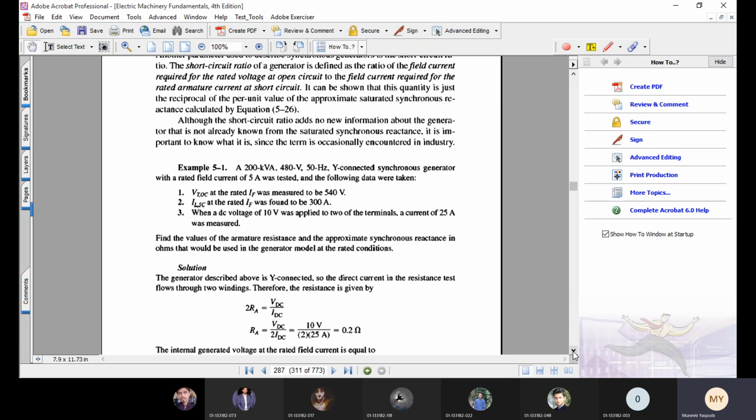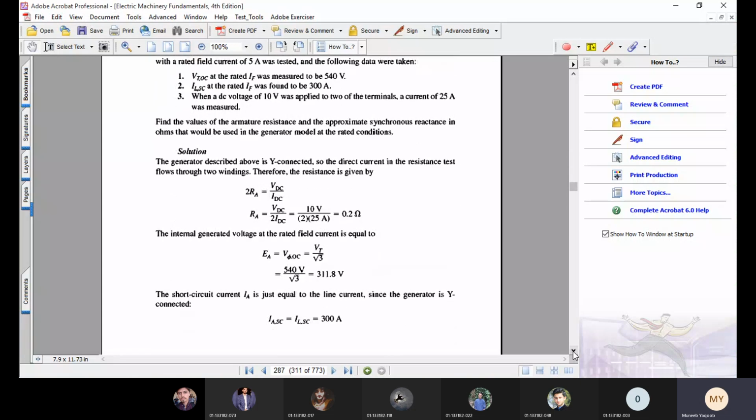So IL equals IA, and it is equal to 300 ampere. So hence we have EA and we have IA. Then we can compute the approximate synchronous reactance just by dividing EA by IA.